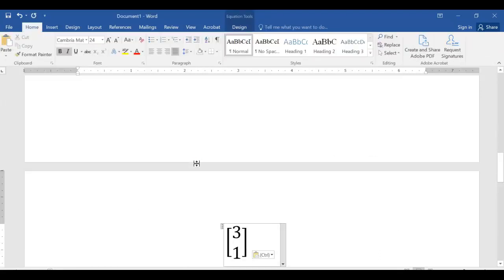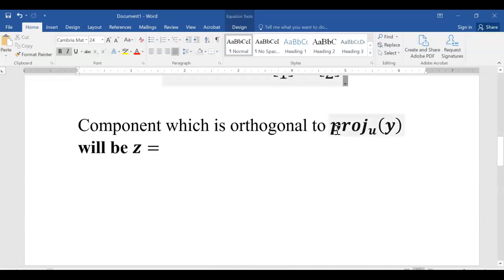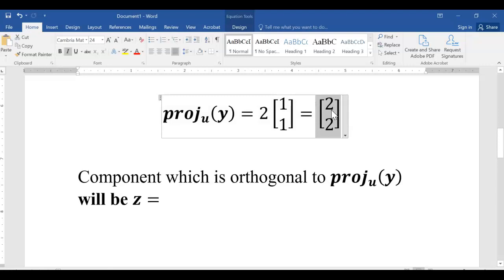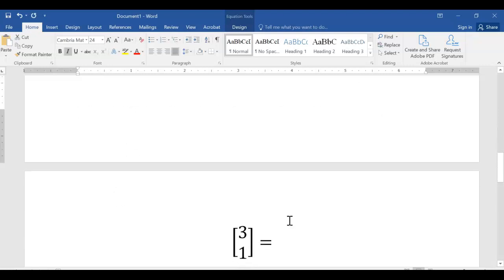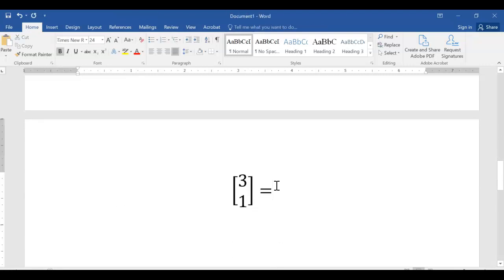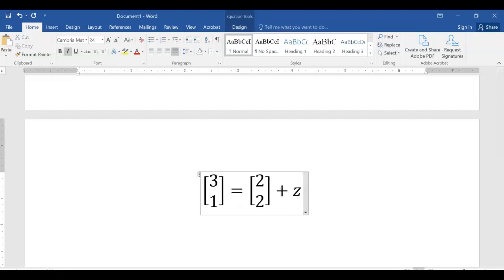My vector (3, 1) is equal to y hat, which we just found. That's the projection, (2, 2), plus vector z.